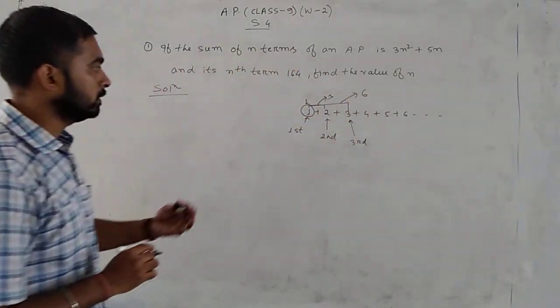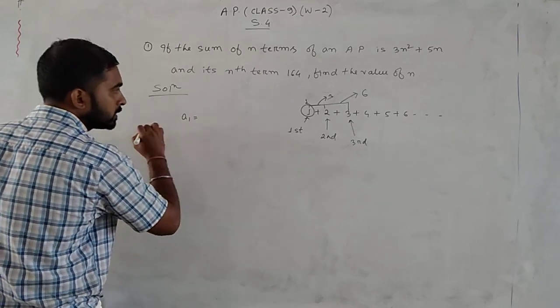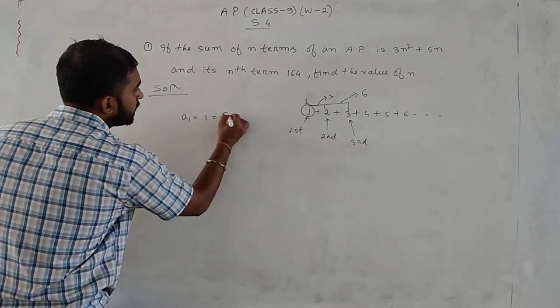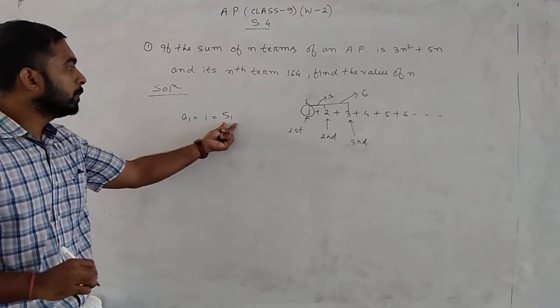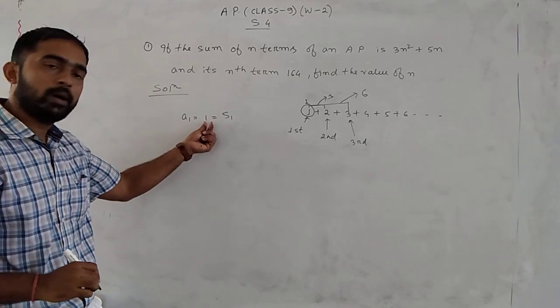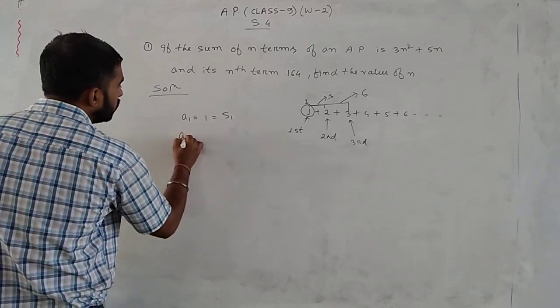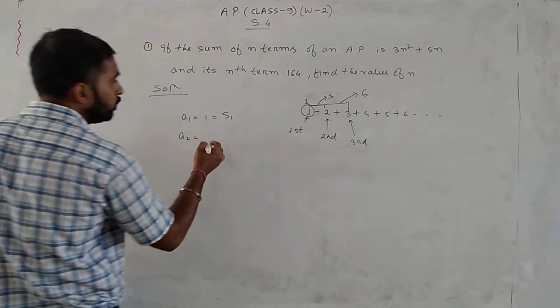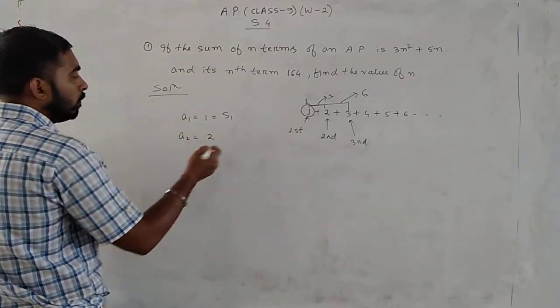Sum up to third term, that is equal to what? 6. Okay, now see, let me show you what is the relation. A1 equal to first term equal to 1, which is the summation up to first term. So first term is 1, summation up to first term is also 1, that is A1 equal to S1. Now A2, what is A2? A2 equal to 2. Now what is S2?